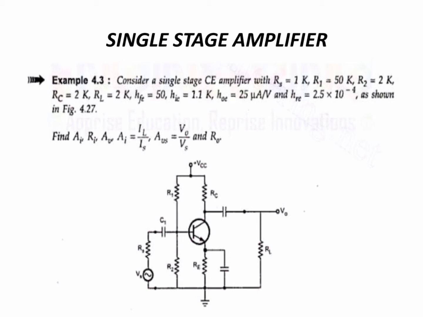But in this problem session, I am going to discuss only two problems. One is on a single stage amplifier, and the other is on a multi-stage amplifier, that is, a double stage amplifier. Both problems are based on a common emitter, NPN, voltage divider bias configured transistor. I am saying once again: NPN, common emitter, and voltage divider bias.